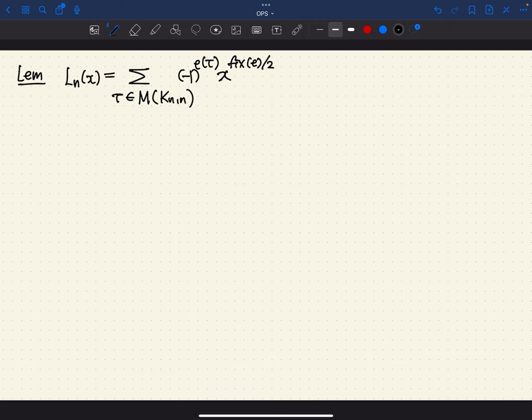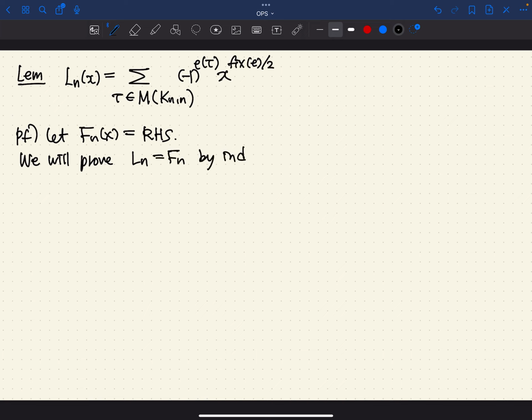Oh yeah, that's the claim, and let's prove this. So again, let f_n(x) be the right-hand side, and we will prove that the left-hand side equals the right-hand side by induction on n. Of course, n equals 0 or 1 is true.